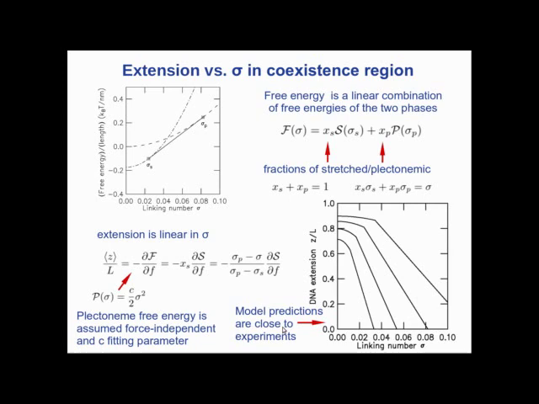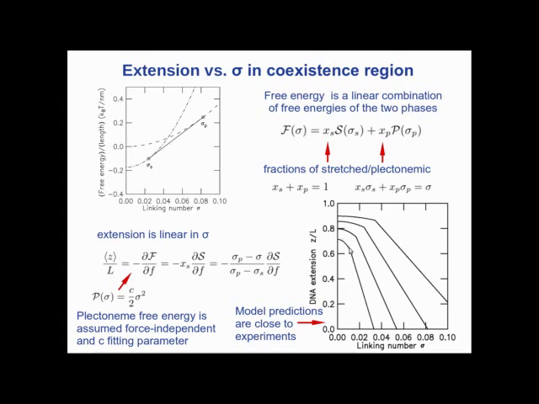The end result is that this model predicts a certain shape of DNA extension versus linking number, shown here for different values of the force. For small linking number, the model predicts a parabolic shape, as discussed in the slide before this.